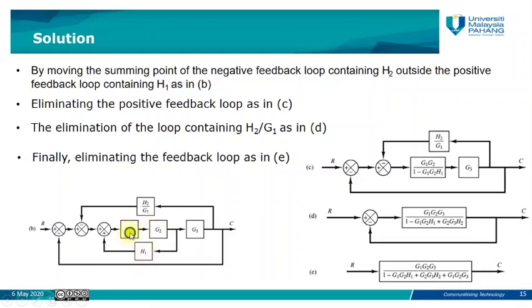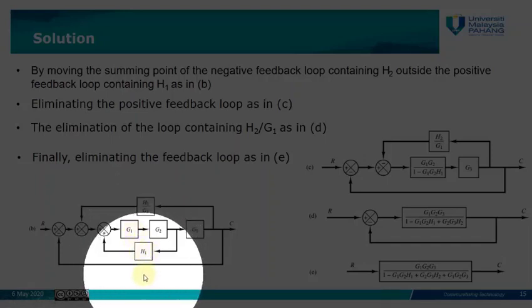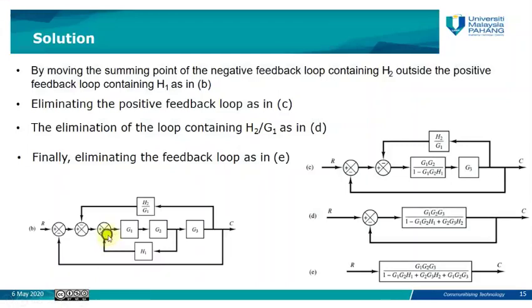So these three blocks represent a feedback system, and it is a positive feedback, because of this positive value. So the equivalent transfer function will be G1 G2 over 1 minus H1 times G1 G2. As we can see here, it is G1 G2 over 1 minus G1 G2 H1.